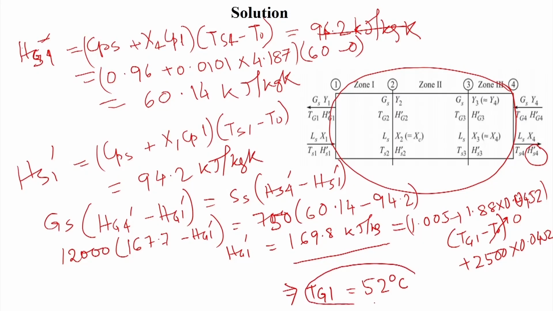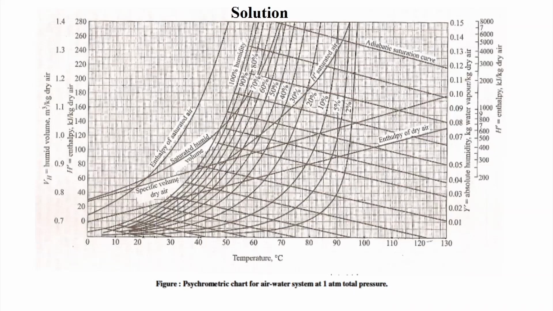Now, we see this gas temperature Tg1 is known. Okay. So, what will be the Ts1? For that, the humidity y1 prime is already obtained as 0.0452, so we will go to the psychrometric chart. We have Tg1, the gas temperature, as 52 degree Celsius, and 0.0452.